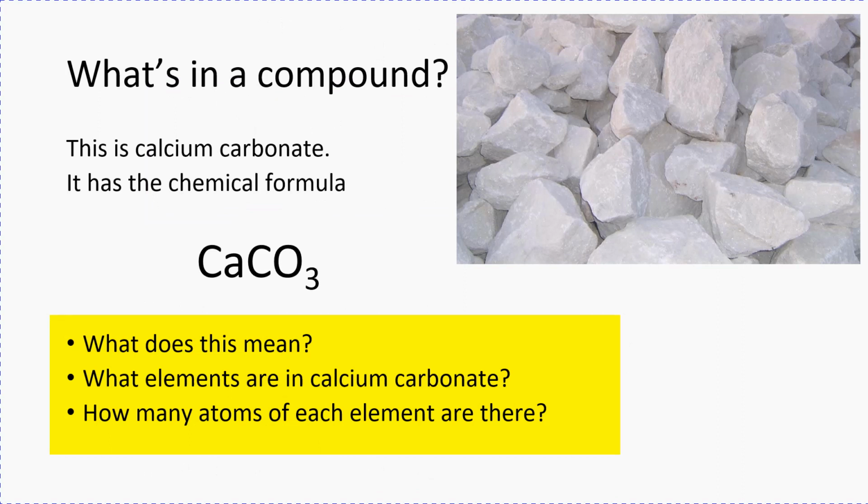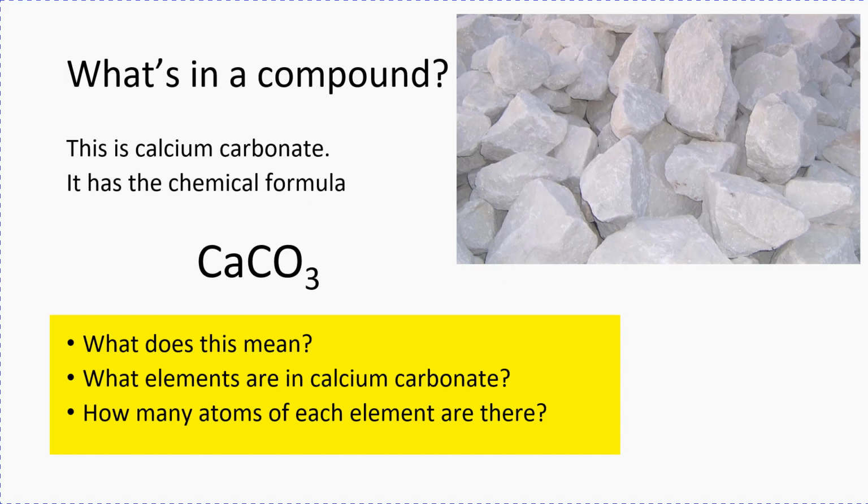Okay, so in a compound, I've picked one here that's a straightforward one. Sorry about that. We've got calcium carbonate, and it's got the chemical formula CaCO3. Okay, now we need to be able to decipher what that actually means in real life.